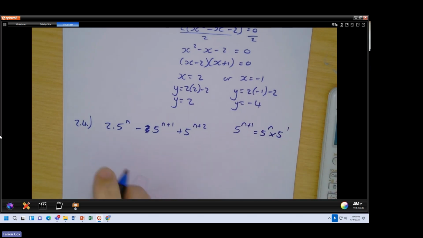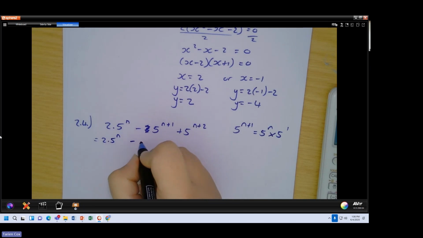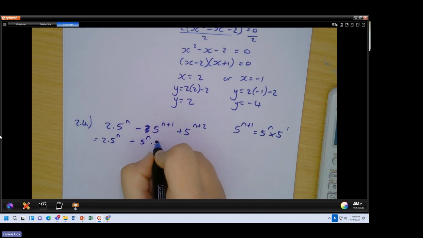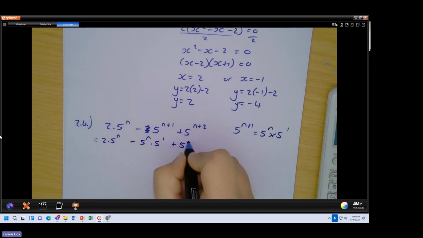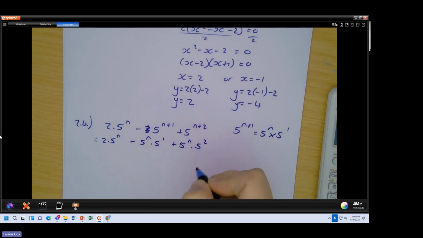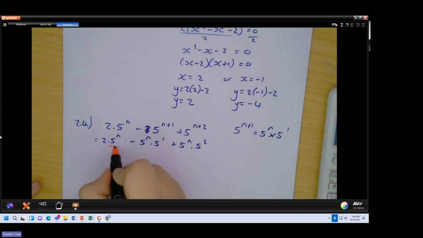And that is what I'm going to do in my next step. I'm going to separate this stuff. So it will be 5 to the power of n times 5 to the power of 1, plus 5 to the power of n times 5 to the power of 2. The reason I wanted to do that was so that I can see that there is a common factor in all three terms.